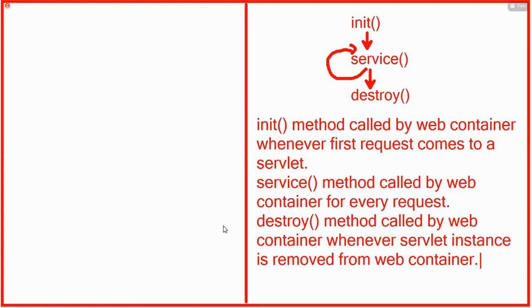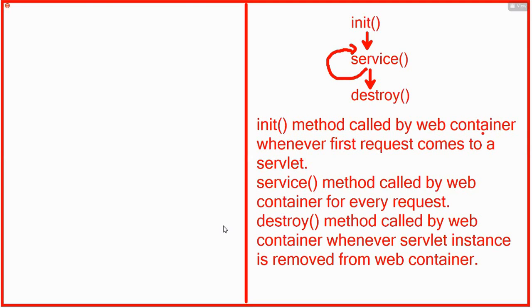The destroy method is called by the web container whenever the servlet instance is removed from the web container. Is it over? Init method, service method, destroy method: three life cycle methods.